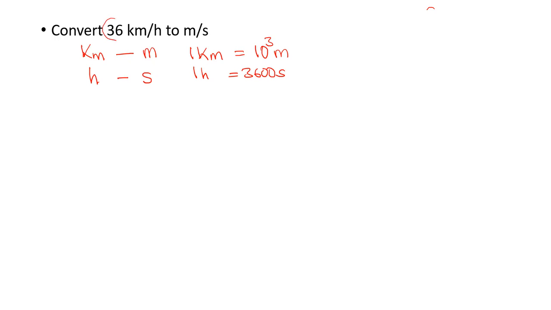This one is my starting quantity. So I will start with that. 36 kilometers per 1 hour, times the first line, because I have two conversion factors, times the second line.